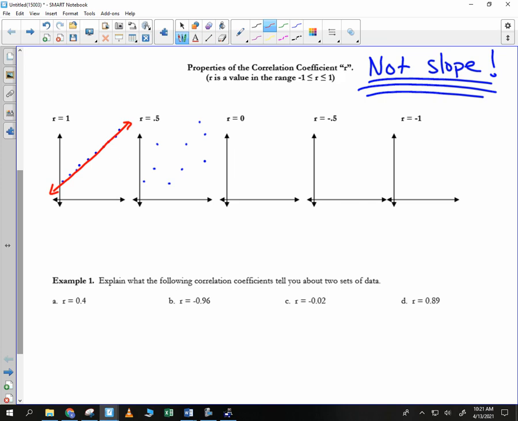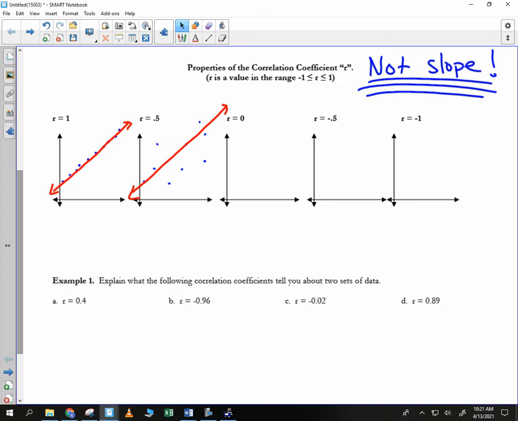But in this one, how would you figure out where the line goes? I'm going to take a guess. I'm going to put it right about like that. Notice how these lines have the same slope, don't they? But their R values are different. Because the R values are positive, the lines both go up. But you can see how all this data varies from that spot.